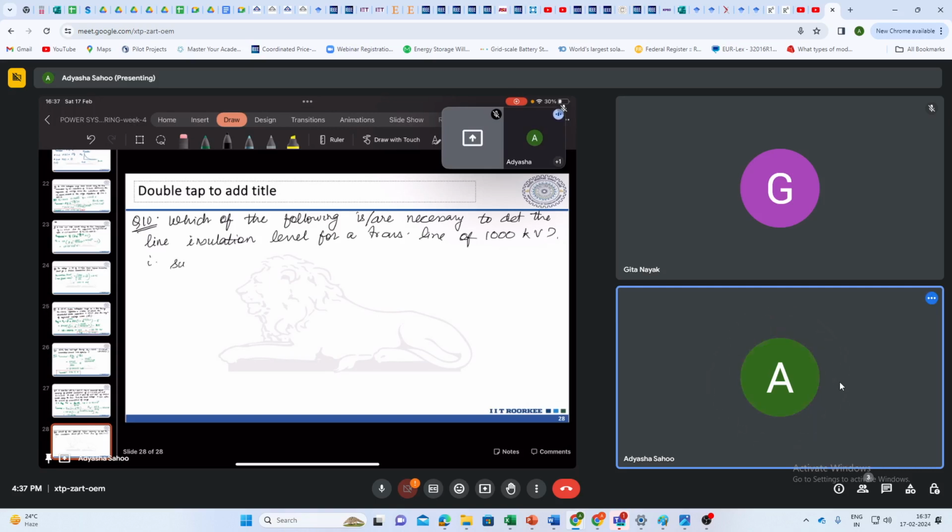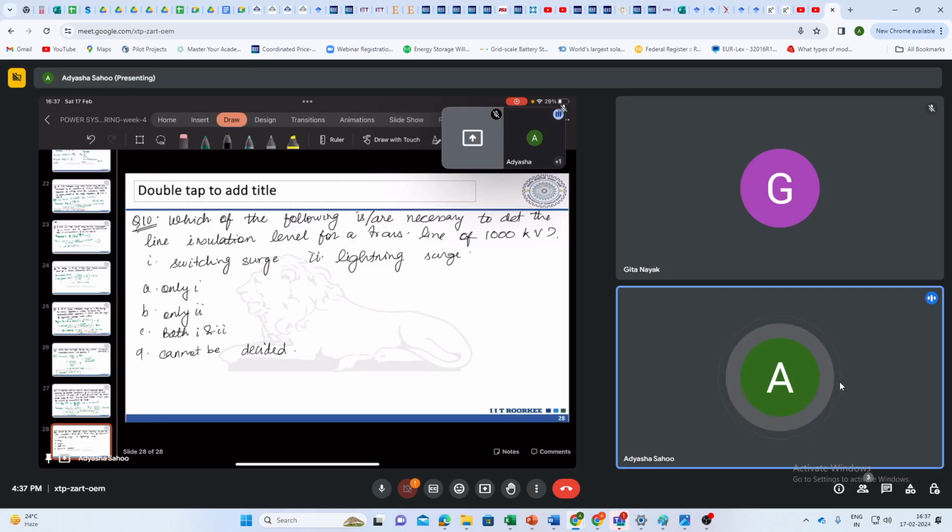So 1 is switching surge, 2 is lightning surge, so A is only 1, B is only 2, C is both 1 and 2. D cannot be decided.